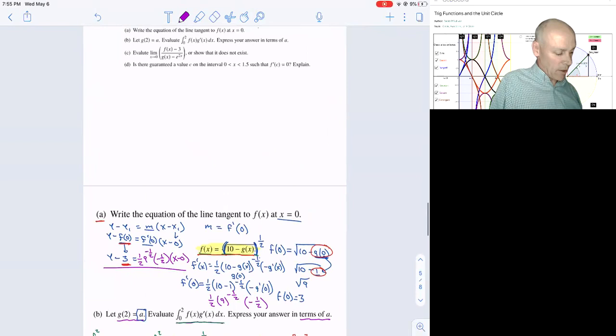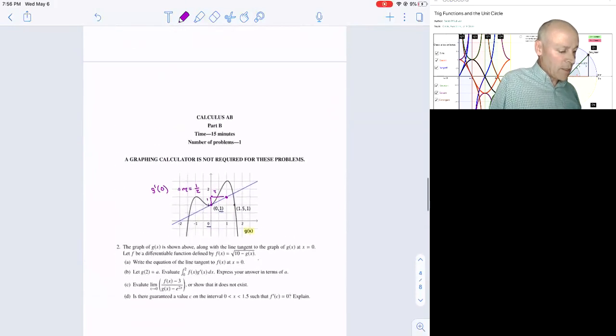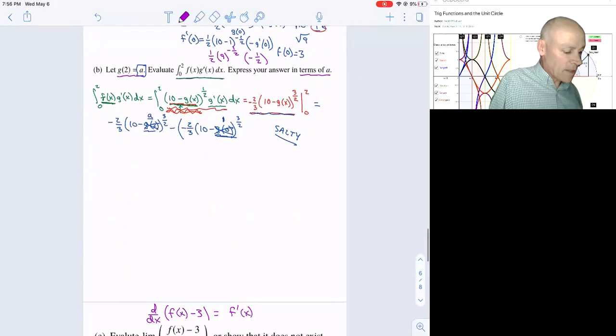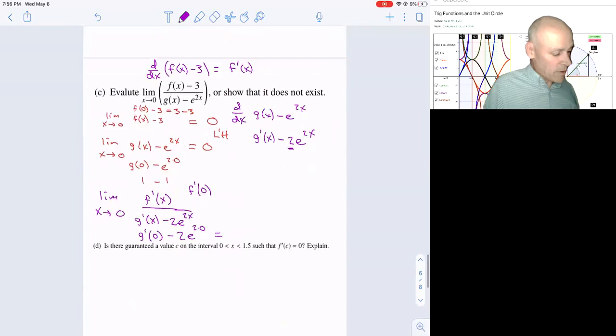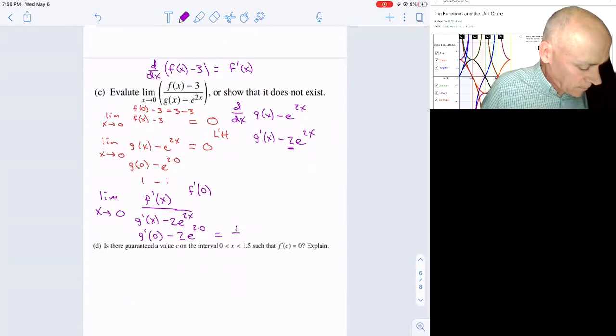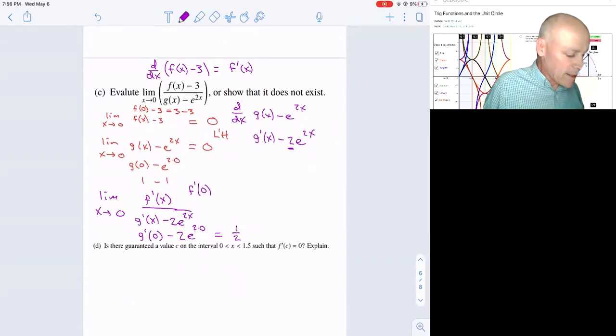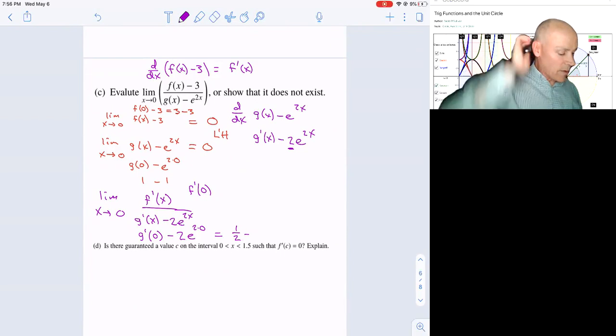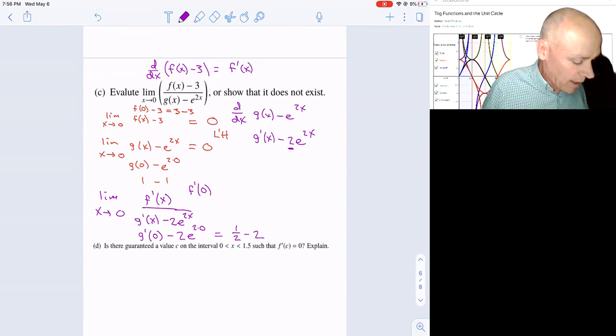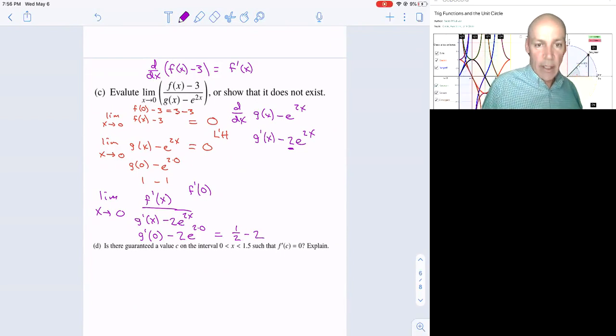Oh yeah, g prime at 0, there it is. g prime at 0, that's 1/2. That's the slope of my tangent line. So g prime at 0 is 1/2. And then minus 2, and then e to the 0 is going to be 1, so it's 1/2 minus 2. Okay, that is my denominator.